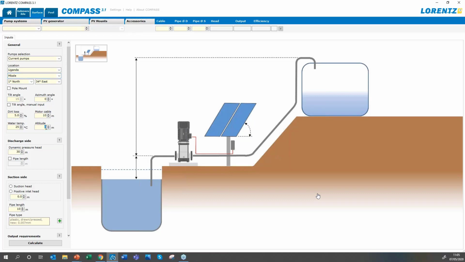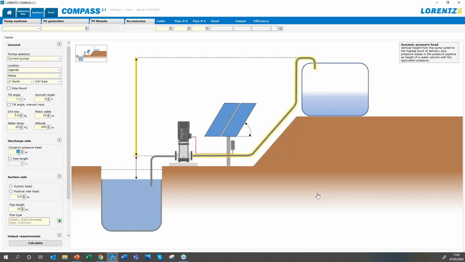There's a missing box here, which is blank, which is altitude. Let's assume that our place in Uganda here is at 200 meters altitude. If I click on dynamic pressure head, it's asking what the dynamic pressure head is, so the vertical distance, exactly the same as we had for the submersible pump, but here we're going from the height of the inlet of the pump to the highest point we're going to pump in the system.